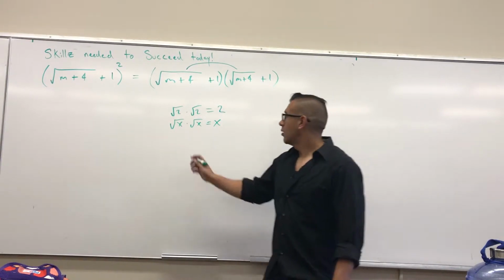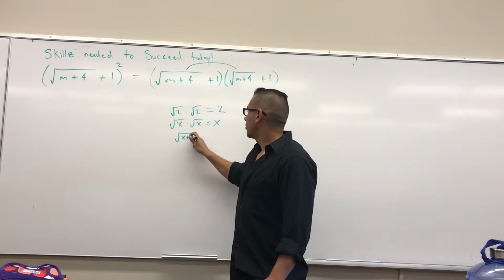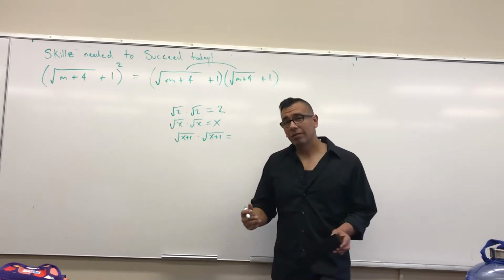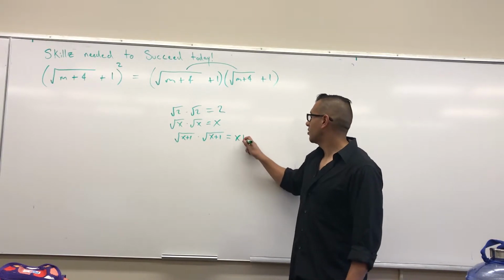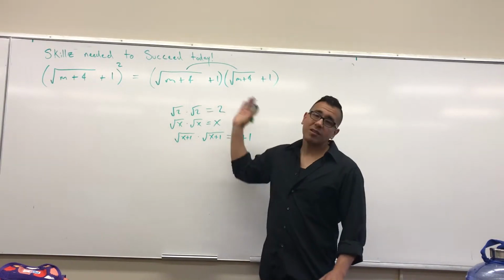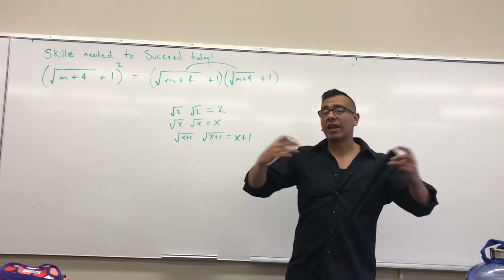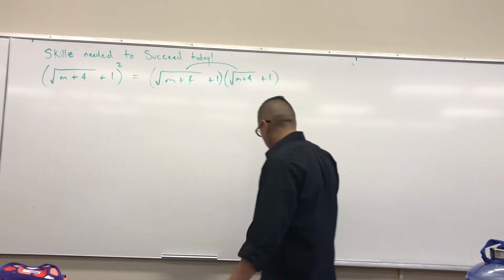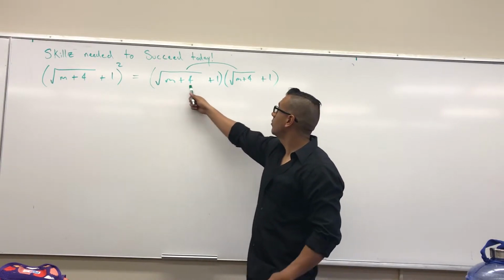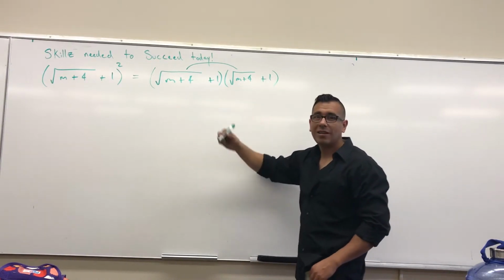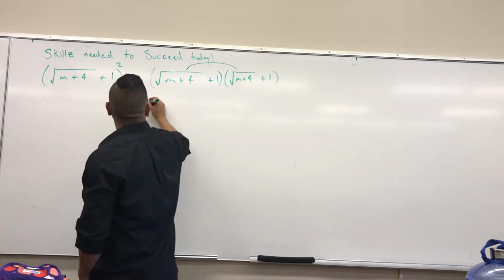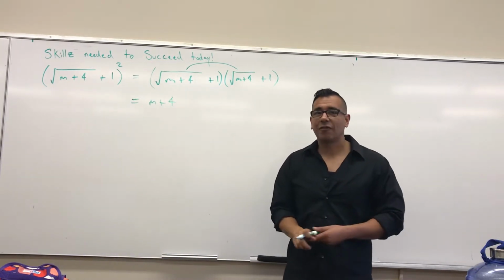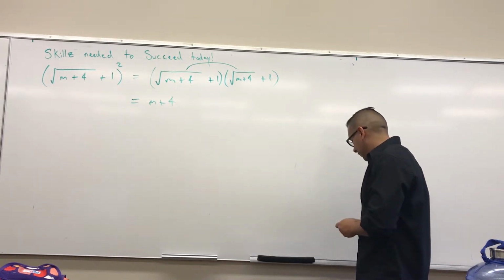If we had the square root of x plus 1 times the square root of x plus 1, then we already know that's just x plus 1. The game doesn't change here. The rules don't ever change on us. So for that reason, when I multiply the square root of n plus 4 times the square root of n plus 4, that just gives us n plus 4. So that's our first piece right there.